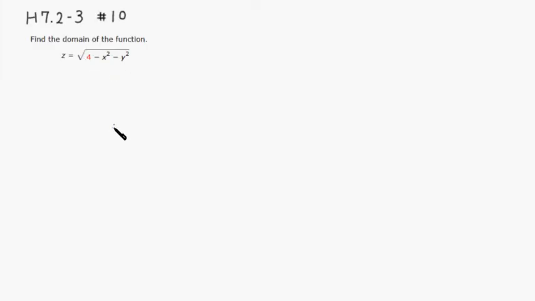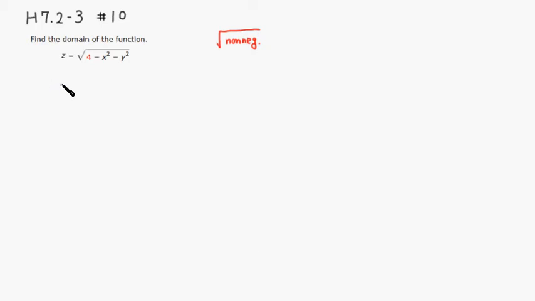The domain of this function: since you have a square root, we have to make sure of one of the golden rules. Unless you consider complex numbers, whenever you have a square root, the expression inside has to be non-negative, greater than or equal to 0.